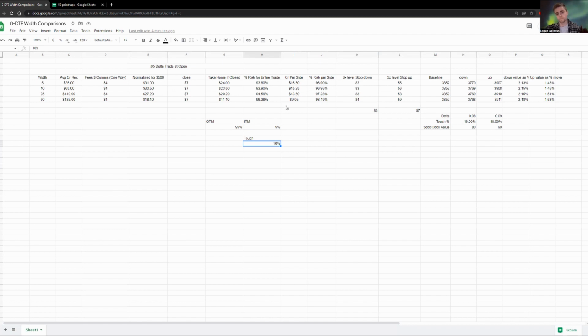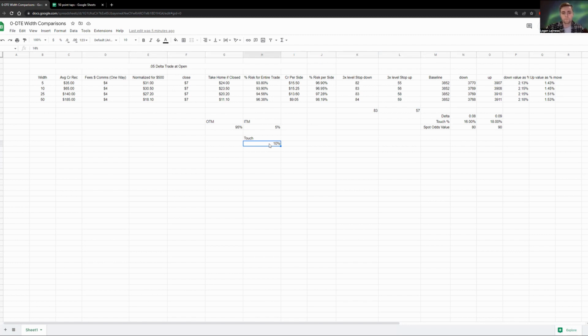Plus, if you roll when you're at this touch level, as long as both contracts aren't in the money, you can almost always roll out one day, receive a credit, and roll down or roll up depending upon the direction you're in. If you're a call, you want to roll away from the numbers, but you can almost always roll away.